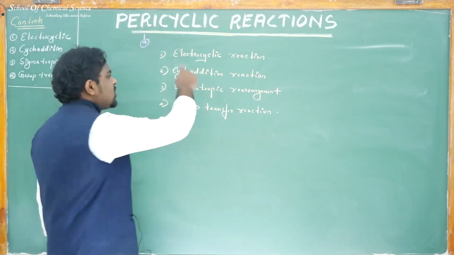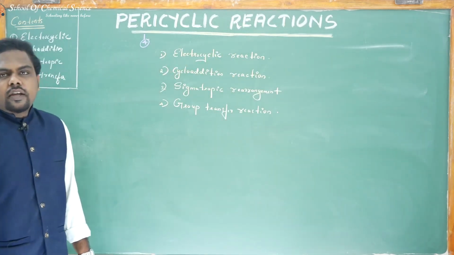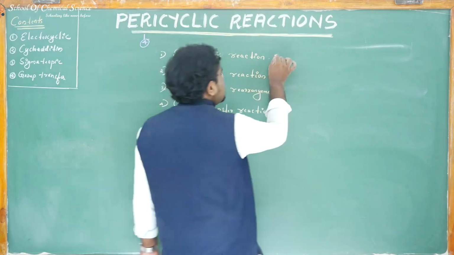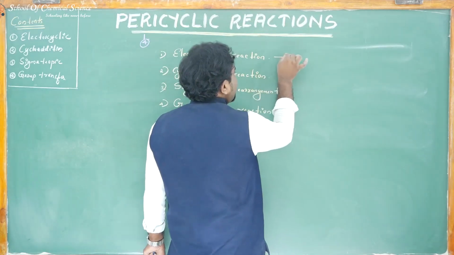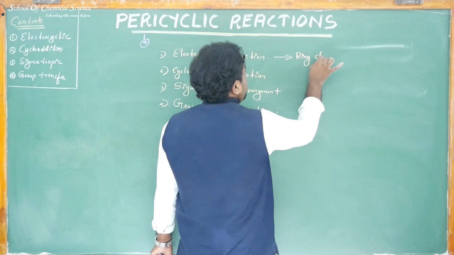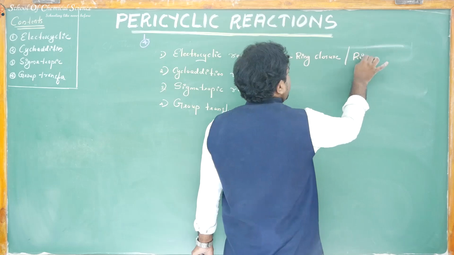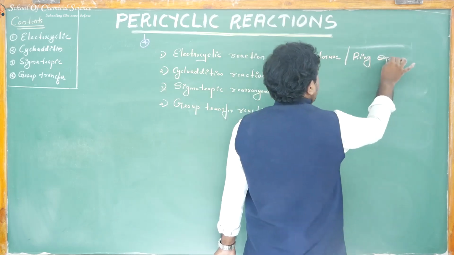Among these, electrocyclic reaction is the most important. Electrocyclic reactions are of 2 types: electrocyclic ring closure reaction and electrocyclic ring opening reaction.